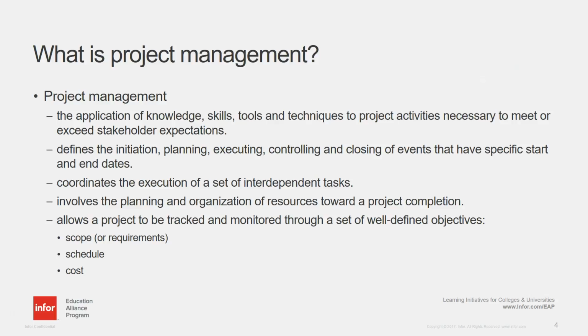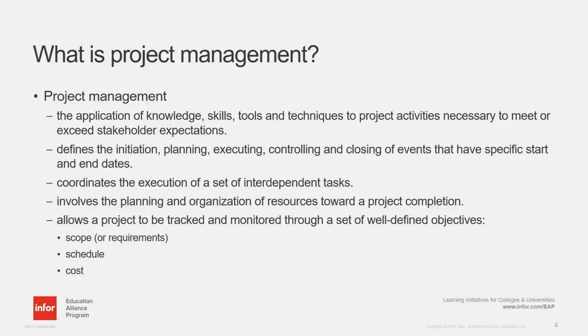The project management team will define the initiation, planning, execution, controlling, and closing of events with a specific start and end date. There is a set of interdependent tasks where cross-functional organizational communication becomes important.